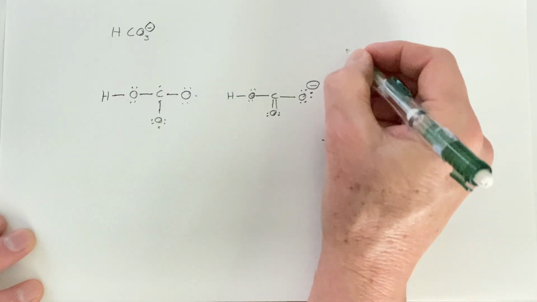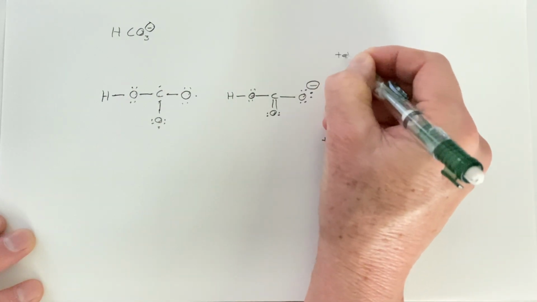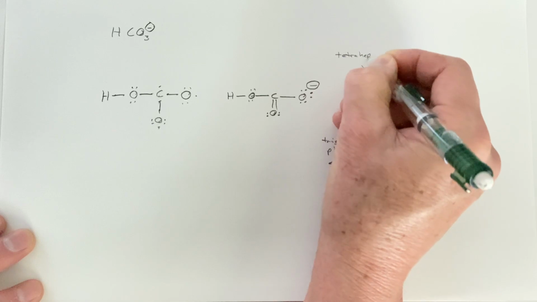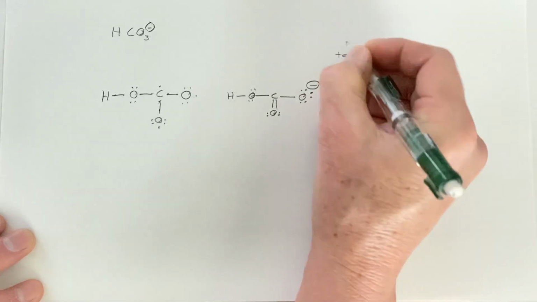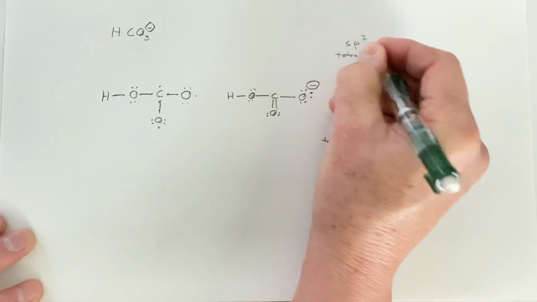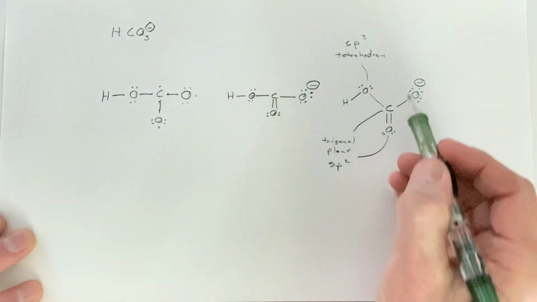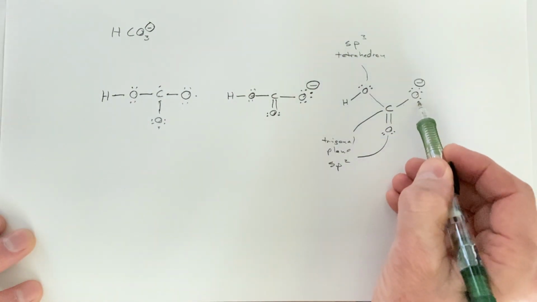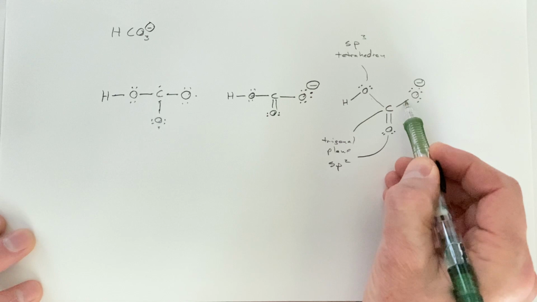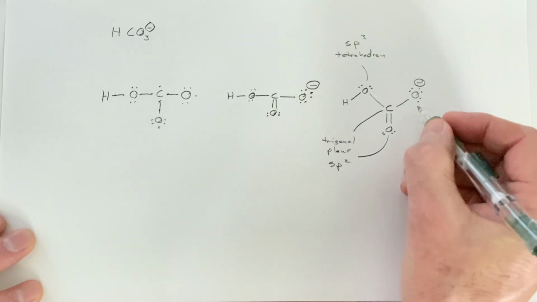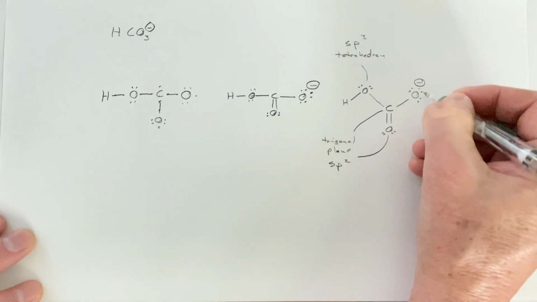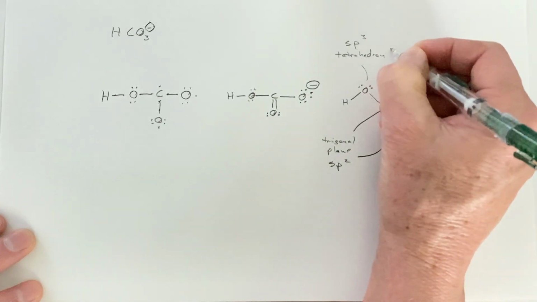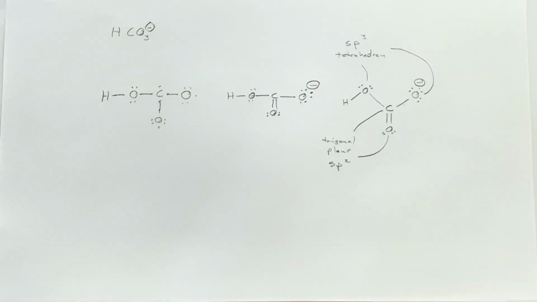And so this is a tetrahedron, and therefore it is sp3 hybridized. We look at the oxygen atom here, and it has 1, 2, 3, 4 pairs of electrons. Each pair of electrons goes into a hybrid orbital, so this oxygen atom also has a tetrahedral electron geometry and is also sp3 hybridized.